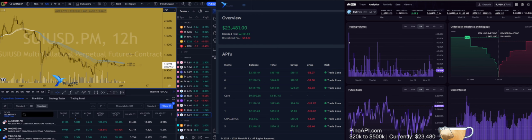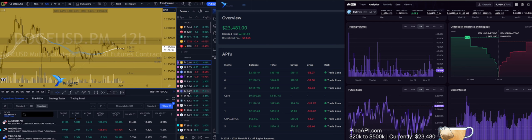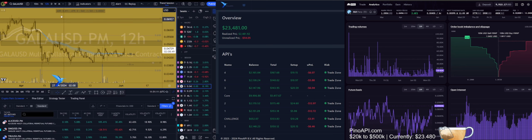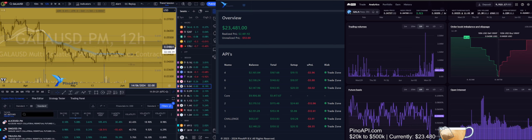Okay guys, I think we narrowed it down, so let's filter. I think the best opportunity for us is in TIA, Link, LDO or Doge. Although I have to be honest, Gala is looking quite juicy in terms of potential breakout.